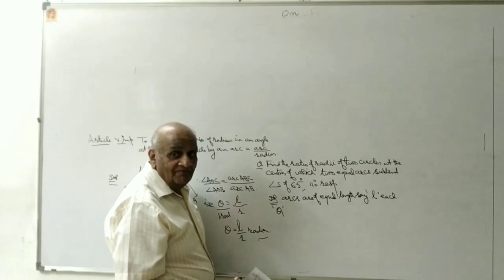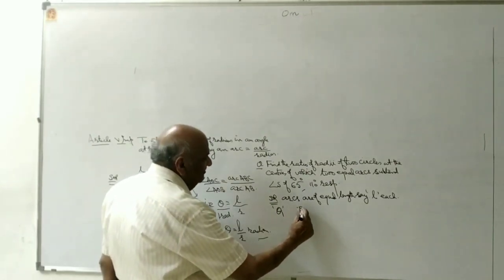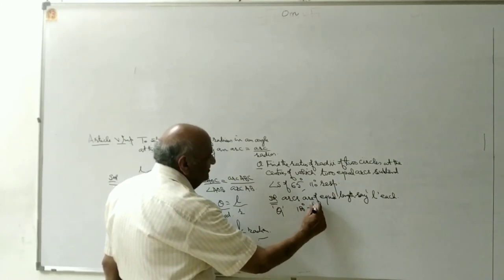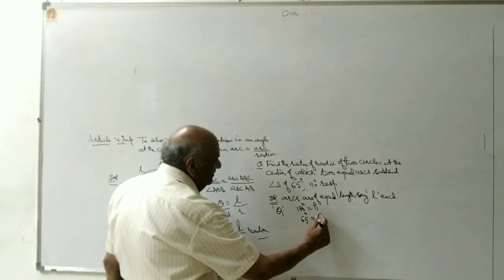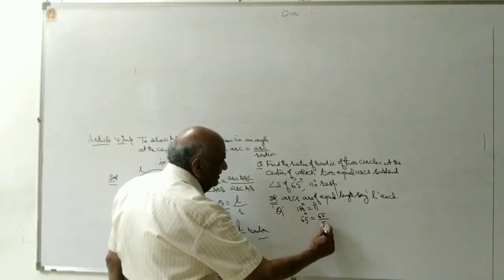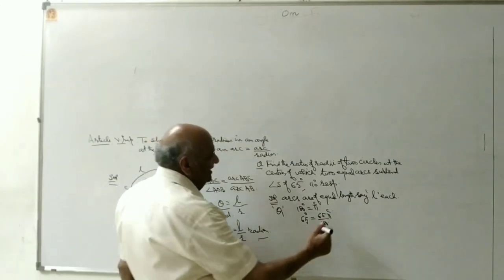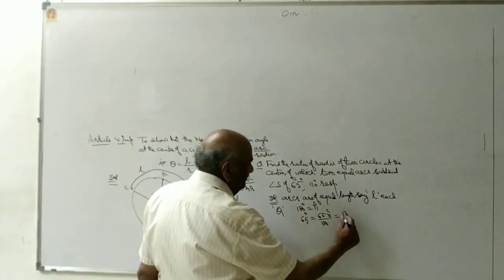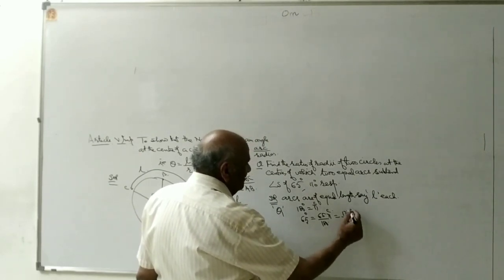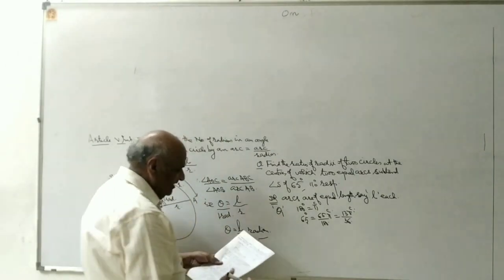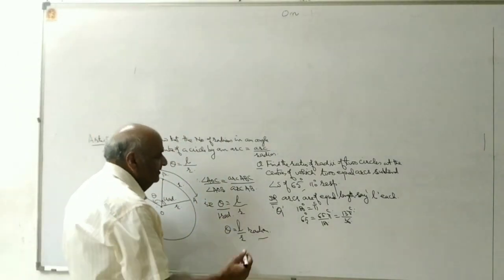We have 180 degrees equal to pi radians. Therefore, 65 degrees is equal to 65 upon 180 into pi radians. That becomes 13 pi upon 36 radians. So theta 1 becomes 13 pi upon 36.